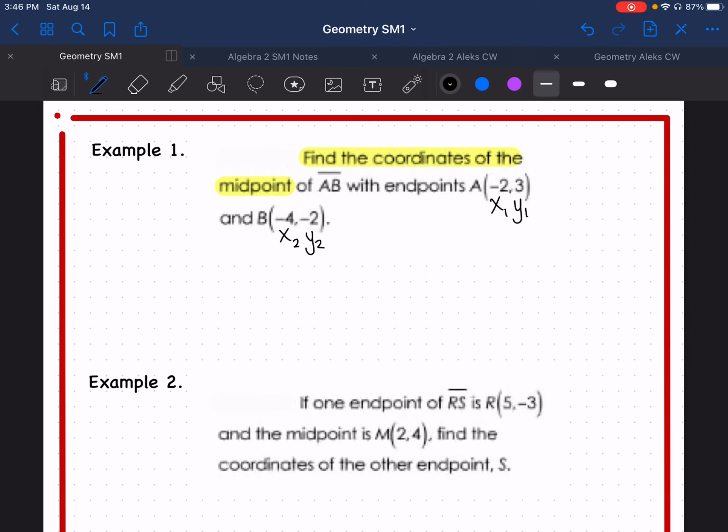But what it does mean is that I can't be in a group with someone else. So I can't have a 1 with a 2. We can't have an x1 with a y2. We also cannot have a pair that's an x with an x. We want to have an x with a y, but we cannot have a pair that's an x with an x. That's a very common mistake that I see made. We come in here and say, well, this is x1, so this is x2, so this is y1 and this is y2.